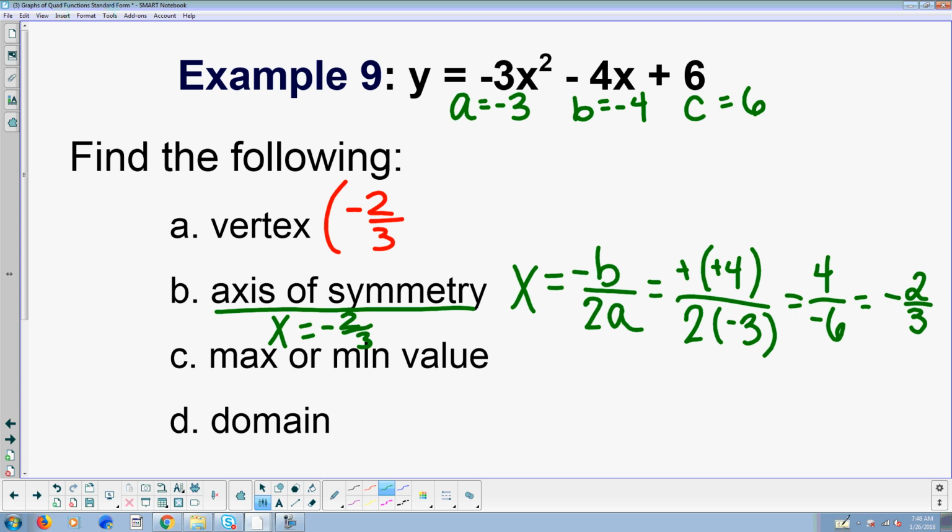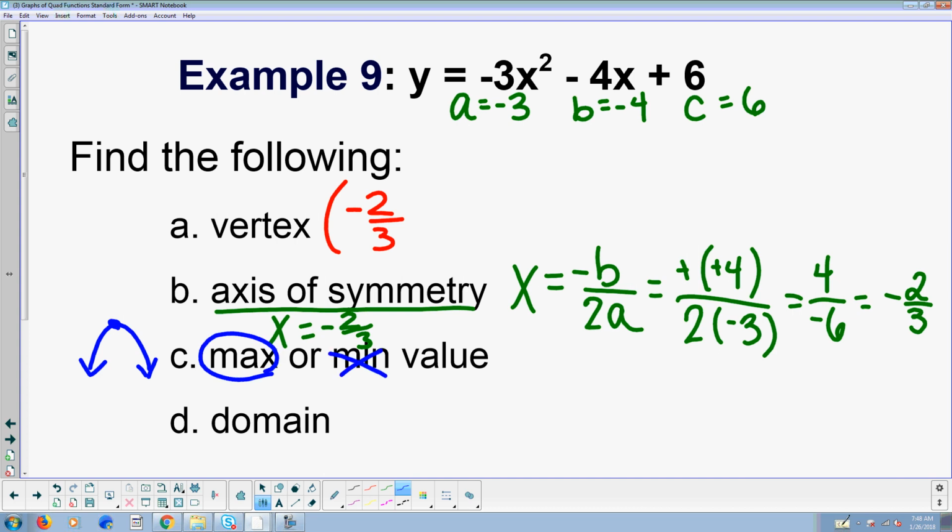Yes, it's okay to get a fraction. For the maximum or minimum value, first let's consider, is this a max or a min? Well, I see a negative in the front, so this thing's frowning. When it frowns, the vertex is at the top, meaning this is going to be a maximum value.